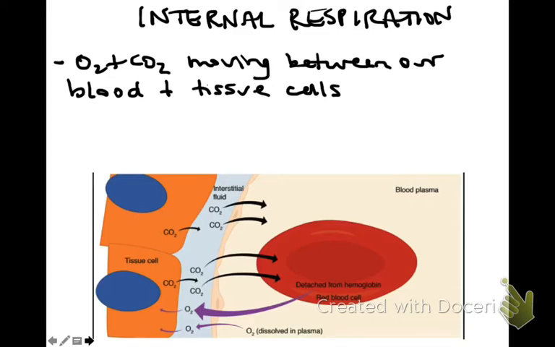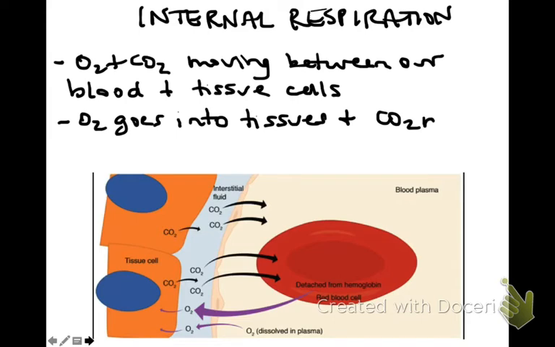Any cell in your body needs oxygen, and it needs to get rid of CO2. So oxygen is going to go into the tissues, and the CO2 is going to move into the blood. Remember, into the plasma. The plasma is the liquid area of the blood.